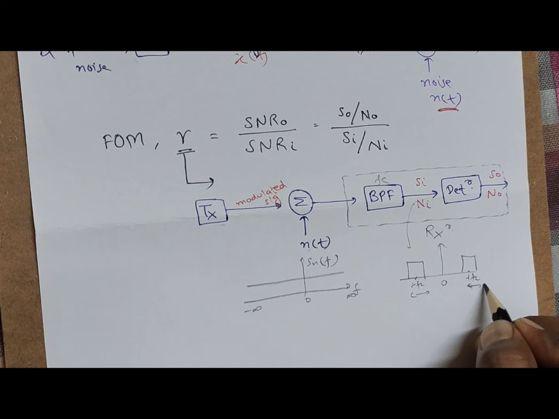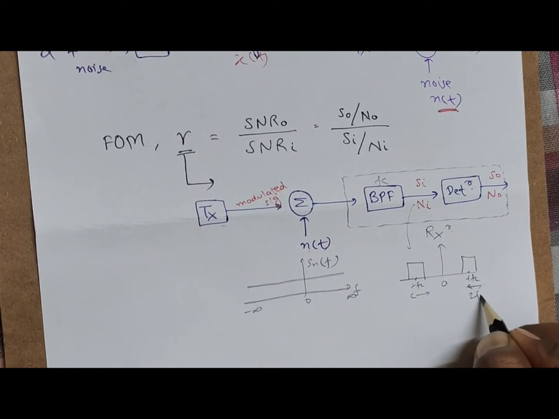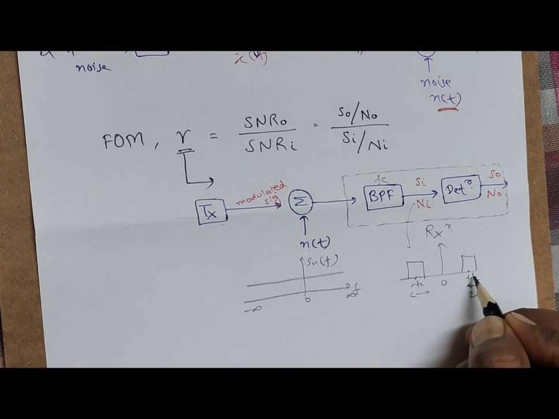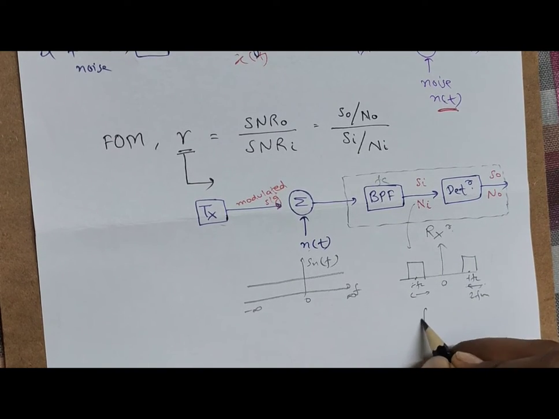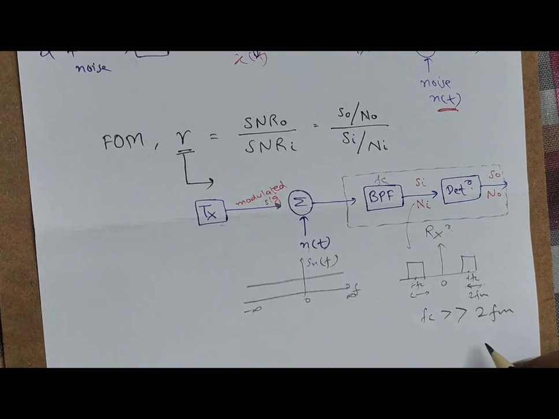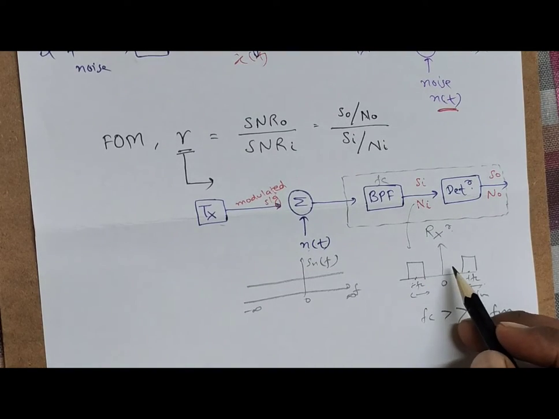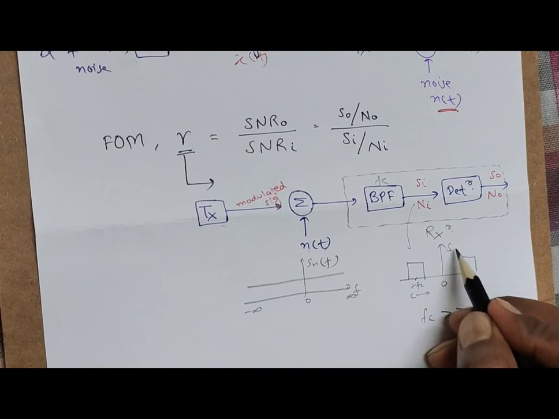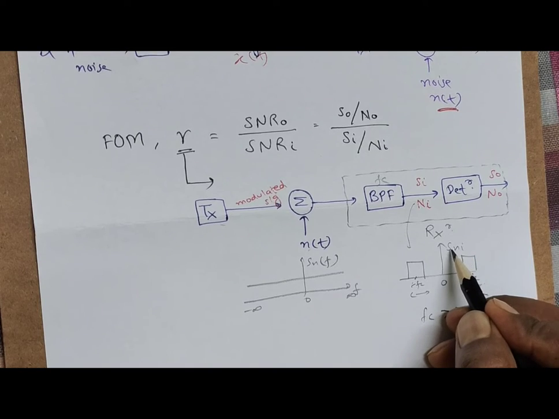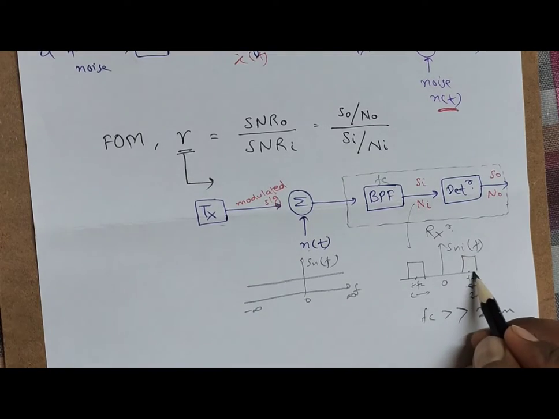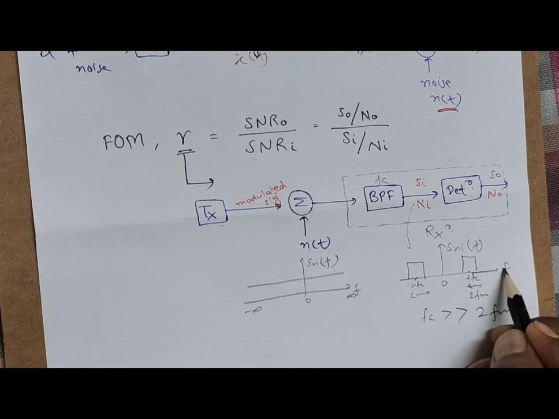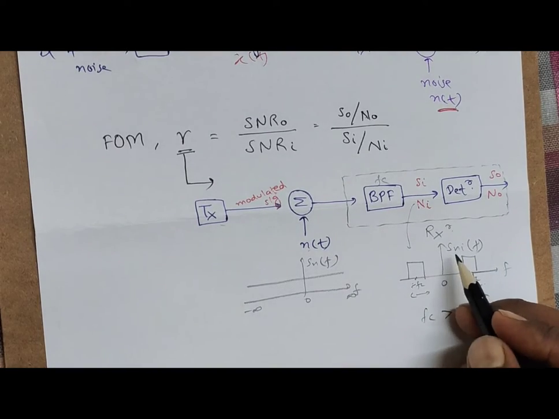By narrowband, we mean the bandwidth of this signal is equal to 2 FM, and this 2 FM is very much less than the carrier frequency, meaning FC is much higher than 2 FM. In that case the signal is called narrowband. So this is, let's say, the narrowband noise Sni(f), with respect to f this is the power spectral density.